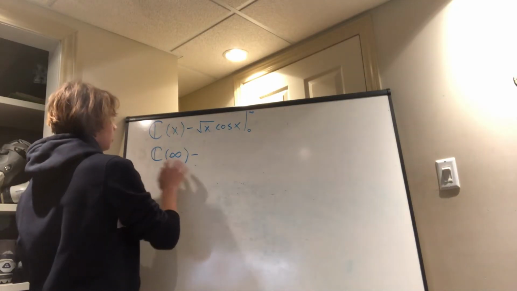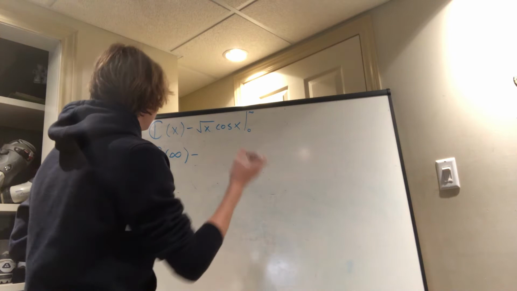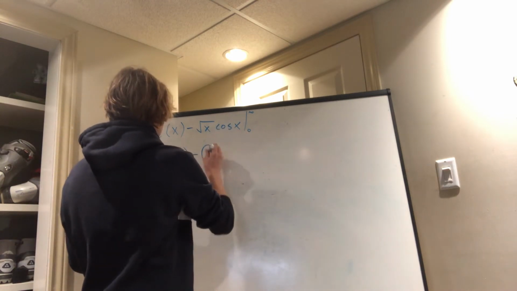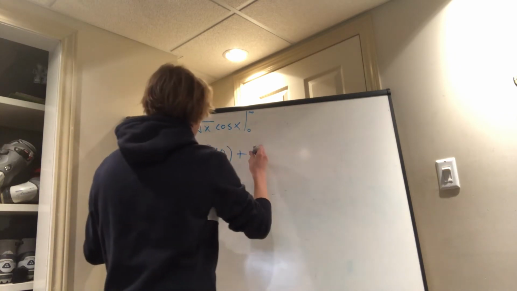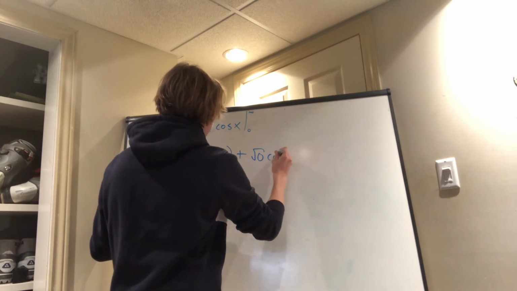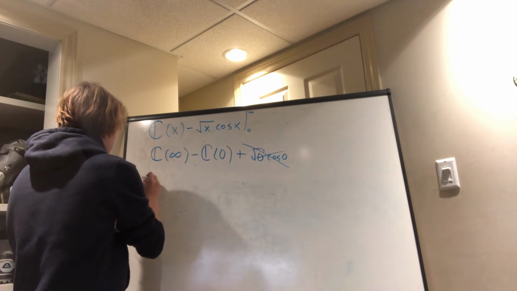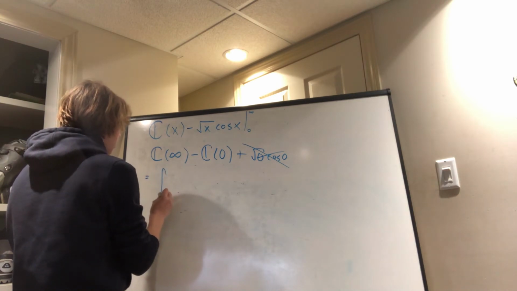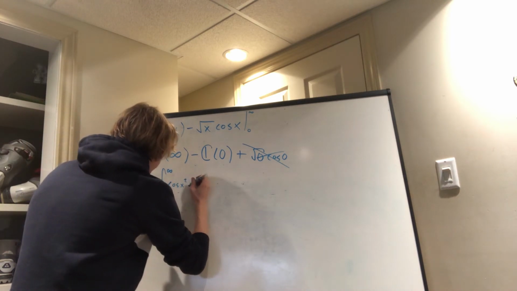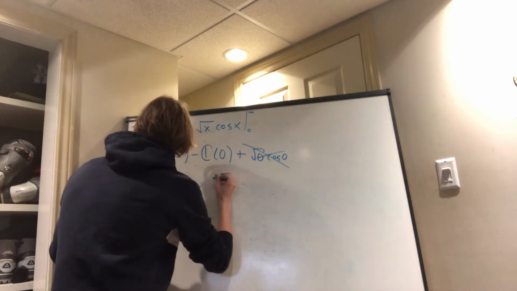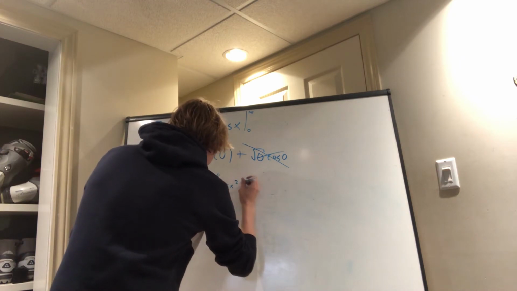So then we get the Fresnel integral of infinity minus, and let's get the 0 terms, C of 0 plus, since it's a minus minus, square root of 0 cos 0. And this cancels out. So then we just get the integral from 0 to infinity of cos x squared dx minus the integral from 0 to 0 of cos x squared dx.